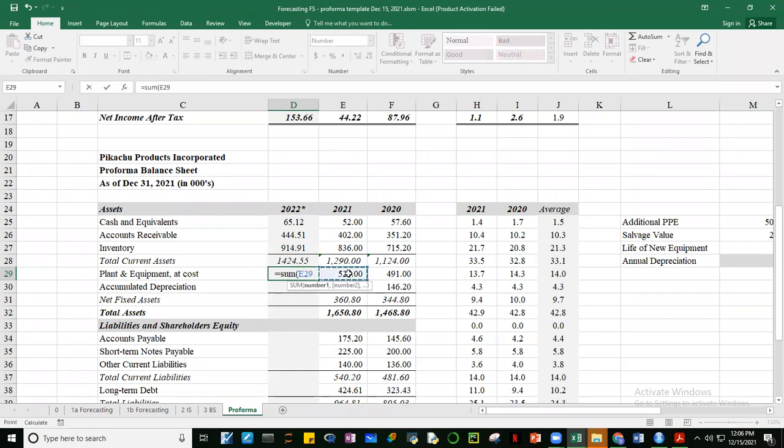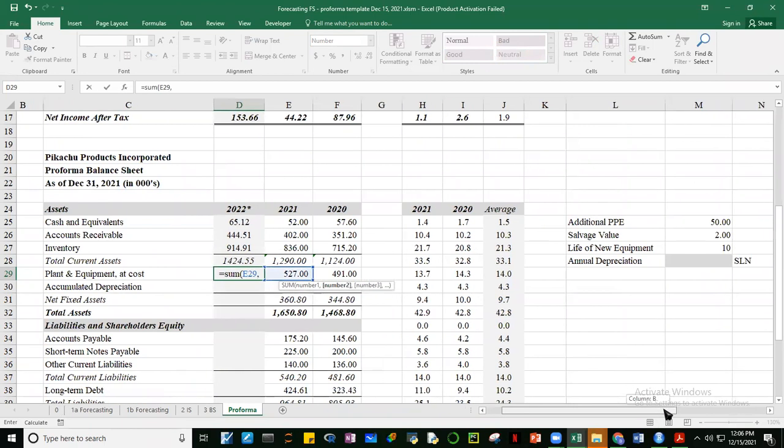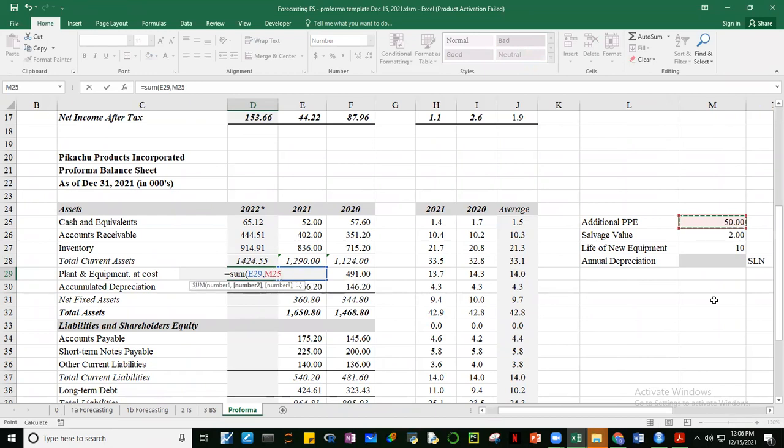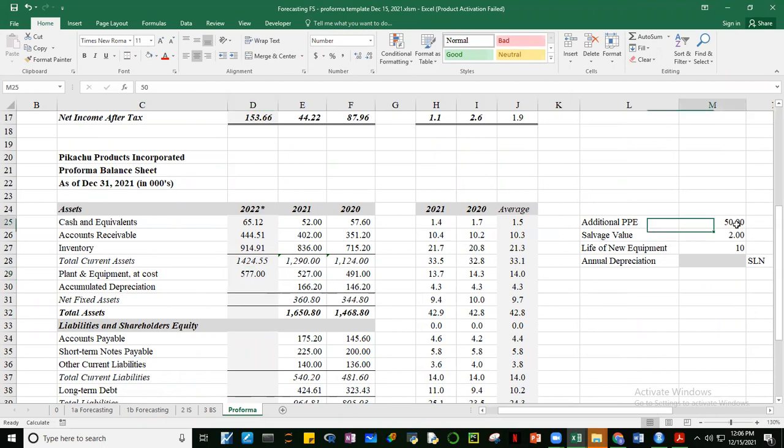So sum of this one and the additional na equipment natin na 50. Hindi natin ginamit yung percentage of sales dito, pero pwede rin naman. Kaso may information tayo that the company is eyeing 50 million investment for the next year. So ito yon, 577.